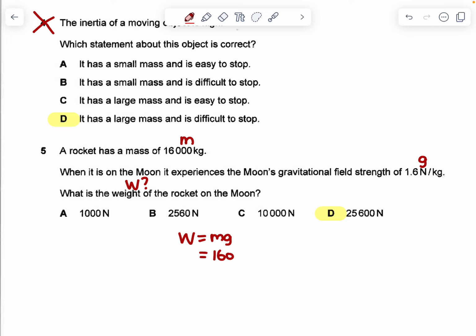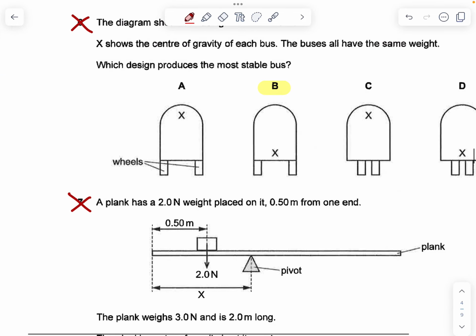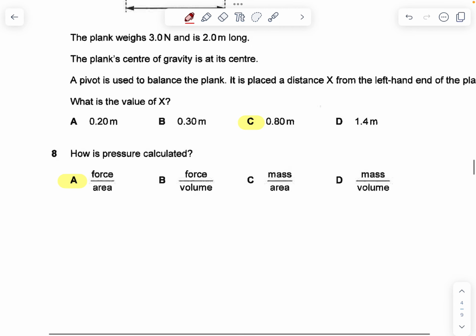Mass is 16,000 times moon gravitational field strength, 1.6. You get 25,600 newtons. Question 6 not tested. Question 7 not tested. Question 8. How is pressure calculated? P. Formula for pressure, P equals F over A, force over contact area.